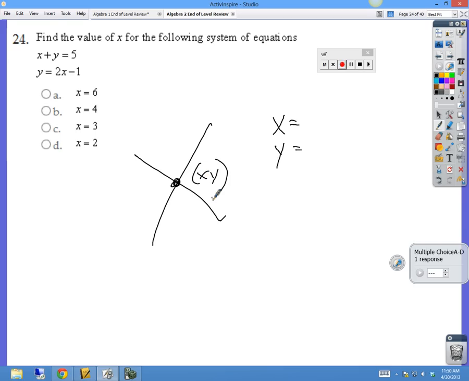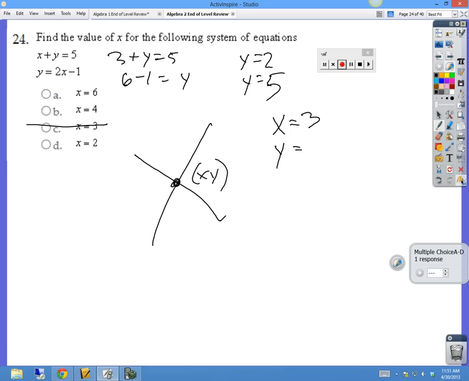So if I think that x is 3, I got to plug 3 into the top. 3 plus what number is 5? What does y have to be? 2? Okay, if I plug it into the bottom, 2 times 3, 6 minus 1 equals y. What is y? Okay, I know this is wrong because y is going to give you the same answer. So look, we eliminate C.